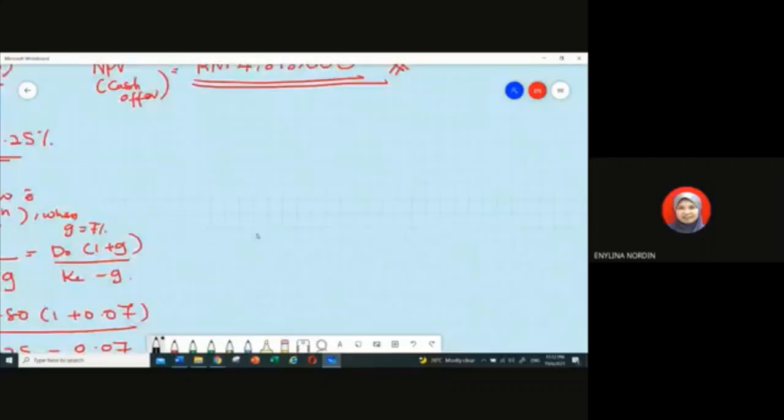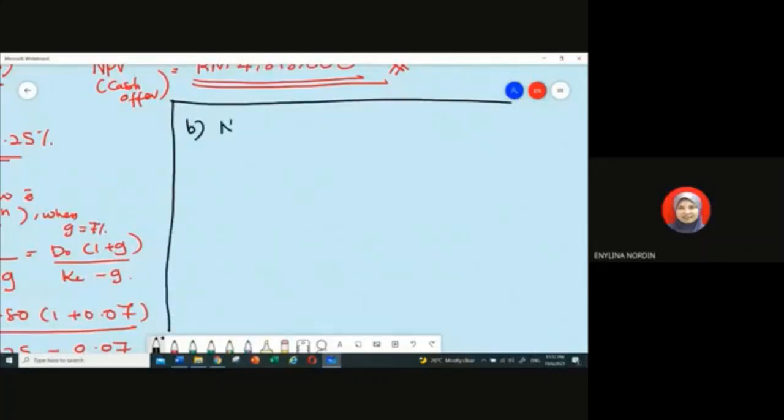Part B still asks you to calculate the NPV of the acquisition, but this time the company plans to pay with a stock offer, buying with stock or share swap, as we call it.